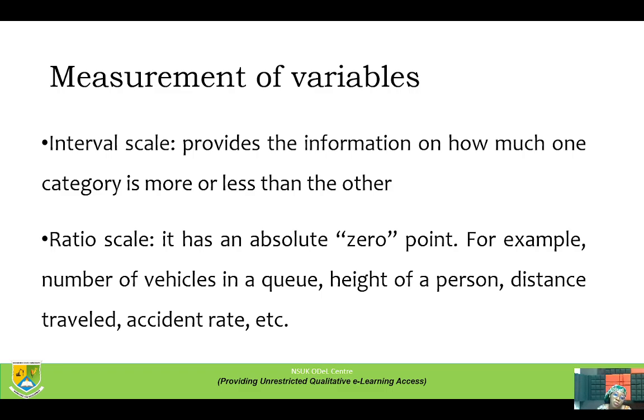As for the ratio scale, it has an absolute 0 point. For example, number of vehicles in a queue, height of a person, distance traveled, accident rate. The order of arrangement here matters. I'll give you another example.